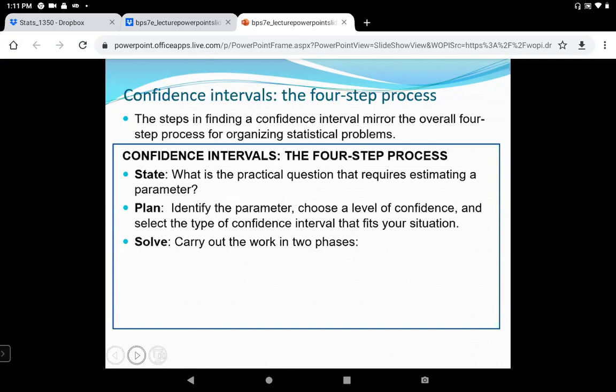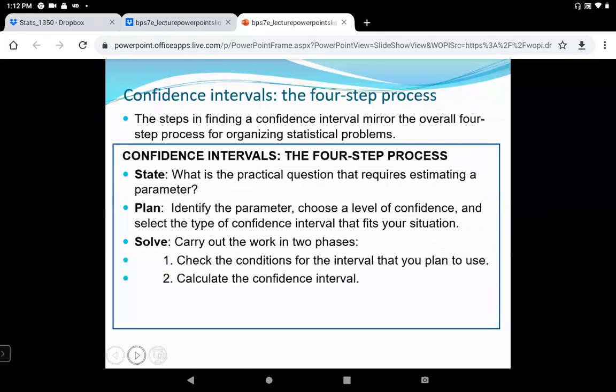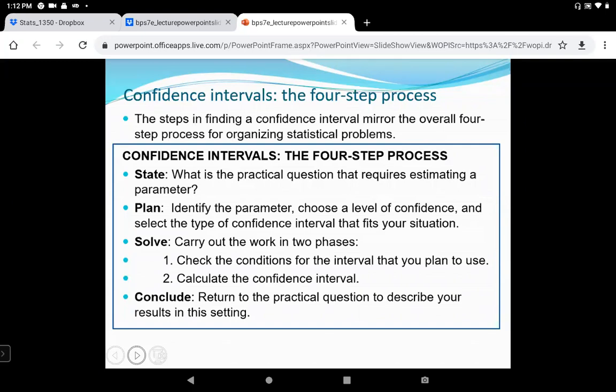Carry out the work in two phases: check the conditions for the interval that you plan to use, and calculate the confidence interval. And step four is to conclude. Return to the practical question to describe your results in this setting. So again, you want to state, plan, solve, and conclude.